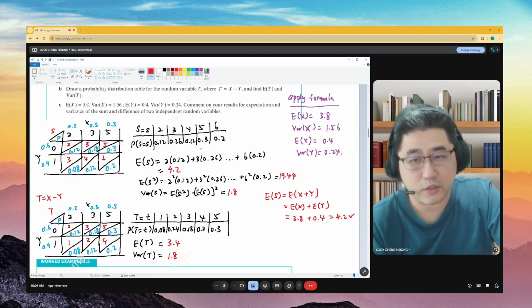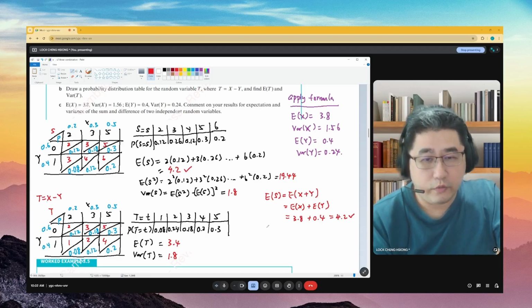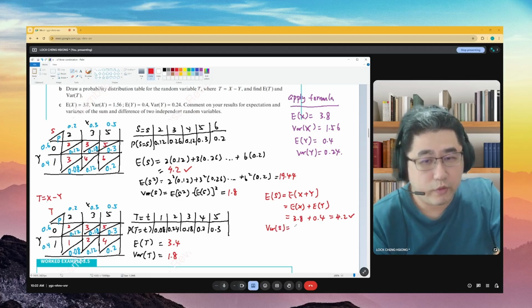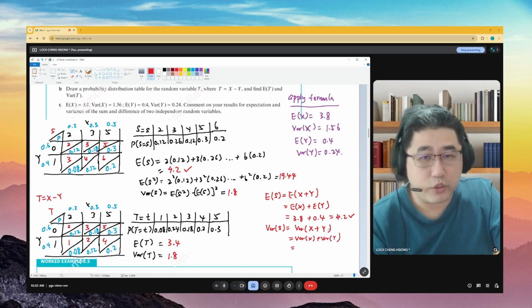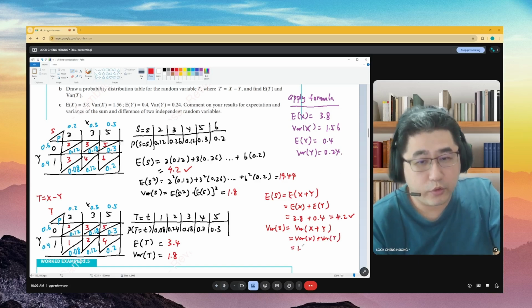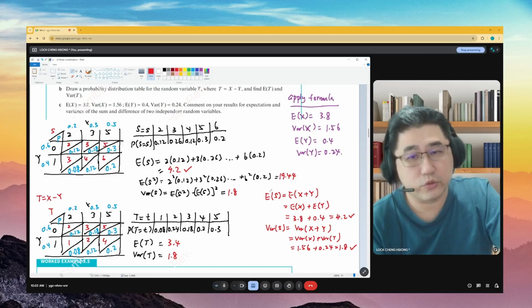As you can see, this is consistent. And variance of S is variance of X plus Y, which gives variance of X plus variance of Y, which is 1.56 plus 0.24. That gives you 1.8, which is also consistent.